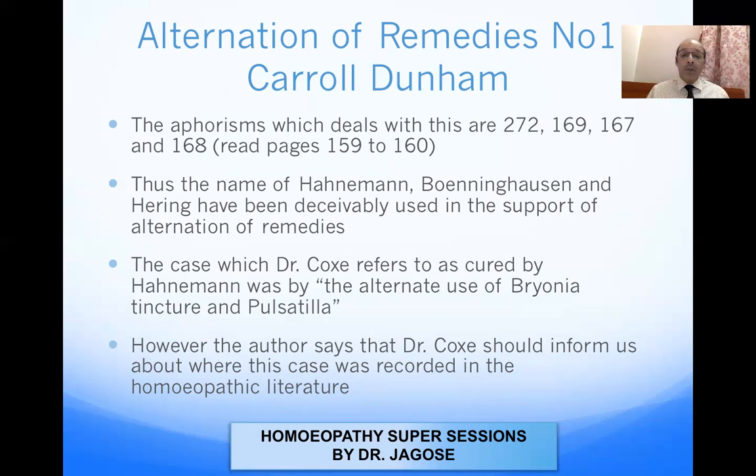The case which Dr. Cox refers to as cured by Hahnemann was by the alternate use of Bryonia tincture and Pulsatilla. So Dr. Cox pushed his claim forward by saying that Dr. Hahnemann, our master, also used alternation of remedies. He gives the example of the alternate use of Bryonia tincture and Pulsatilla.